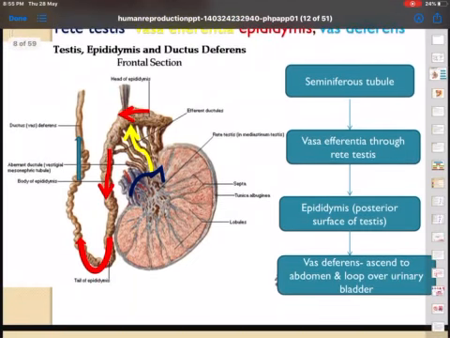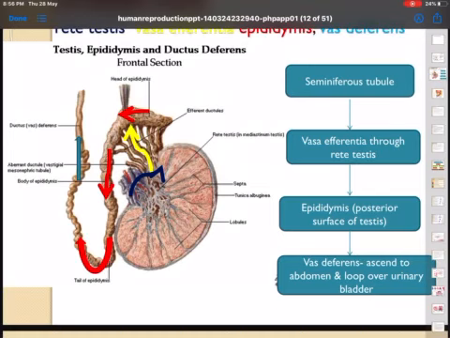And look at the ducts that we see. To start with, when we take the vertical section of testis, first there are many seminiferous tubules, and these seminiferous tubules will form vasa efferentia, and vasa efferentia will become rete testis, and rete testis will further enlarge and form epididymis, and epididymis comes out of the testis.